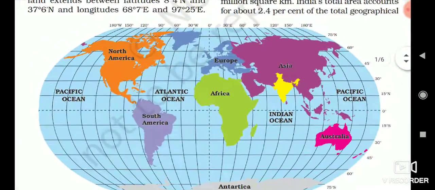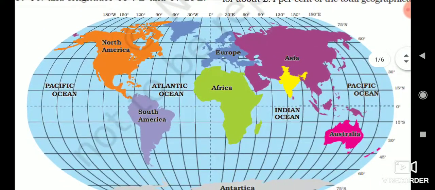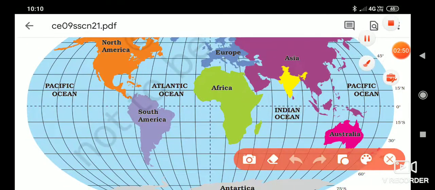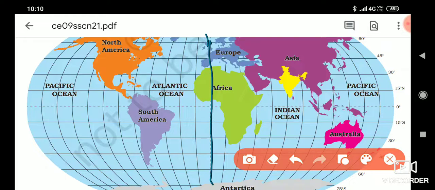Now let's talk about the longitudes. So this is the prime meridian. This is the vertical longitudinal line, but this main line is called the prime meridian.